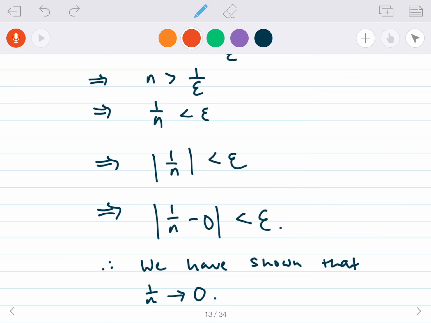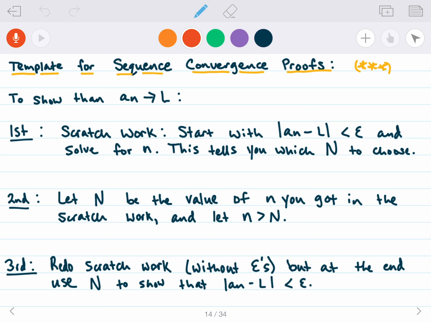So that's how we're going to structure these epsilon N proofs. If this looks strange and scary, that's pretty normal if you have not seen this before. So just sit with this definition, make some coffee if you have to, and here's an outline of how you can tackle these proofs.